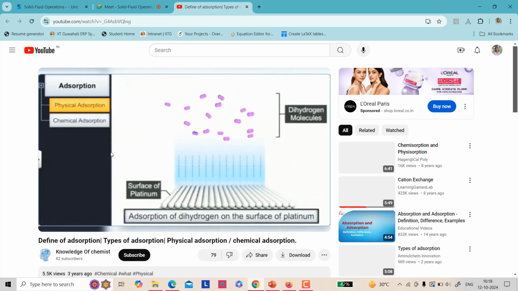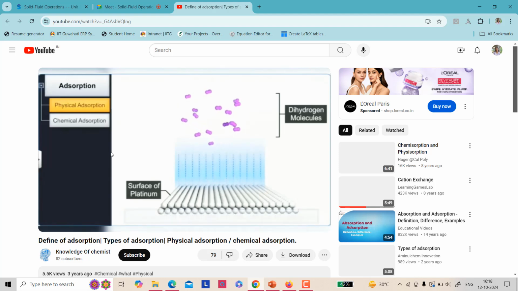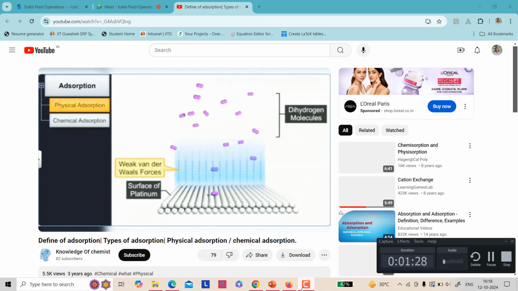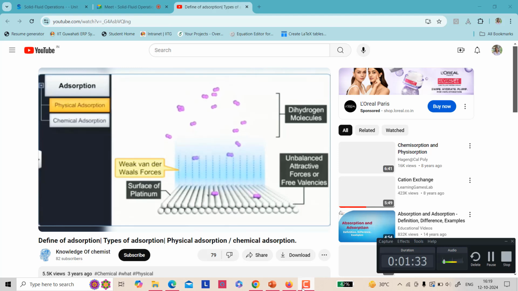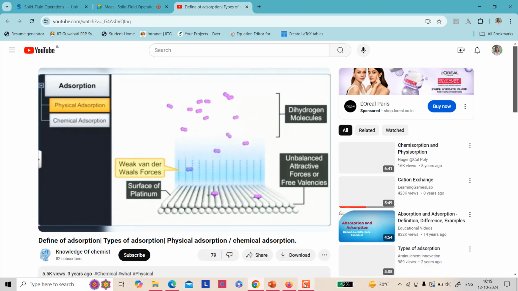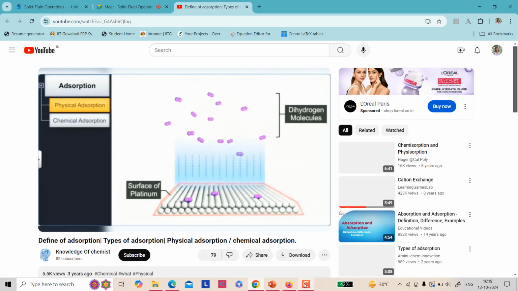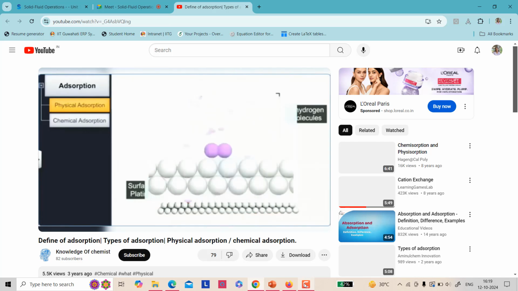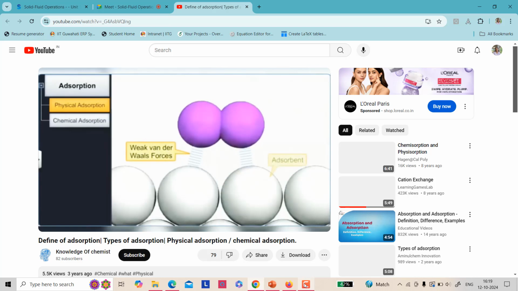Addition of dihydrogen on the surface of platinum. So you can see how they are attached to the surface due to the van der Waals force. Unbalanced attractive forces or free valences due to which they are attracted in case of physical adsorption. This is the adsorbent, this is the adsorbate. So this is the weak van der Waals force between the adsorbate and adsorbent.